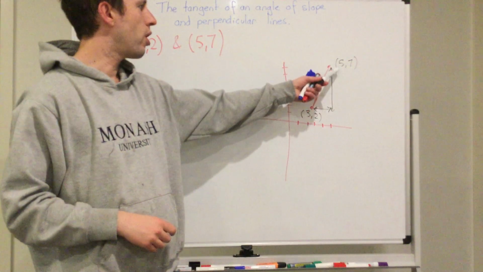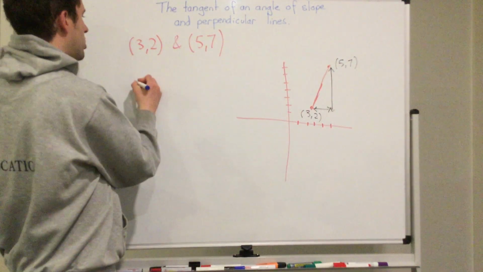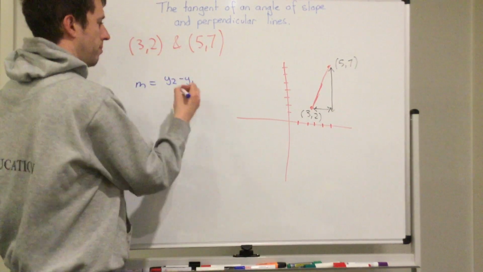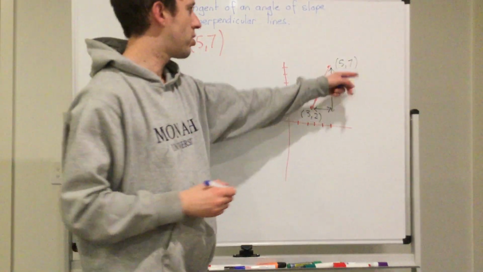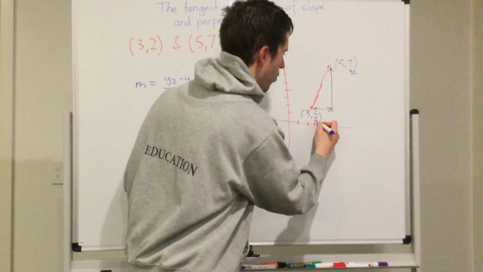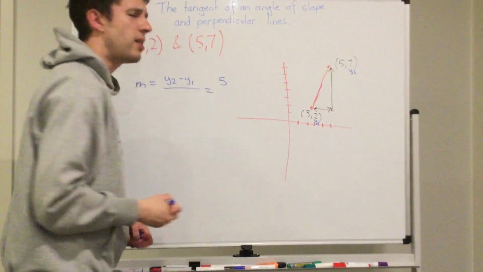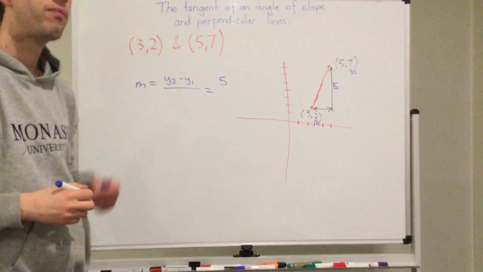So for me to work out what the y-axis is, I use the gradient function. I go y2 take y1, so 7 take 2 equals 5. So that tells me this is 5 units long.